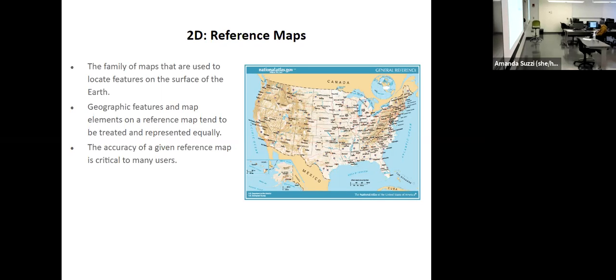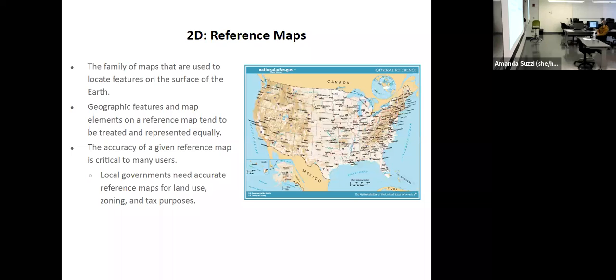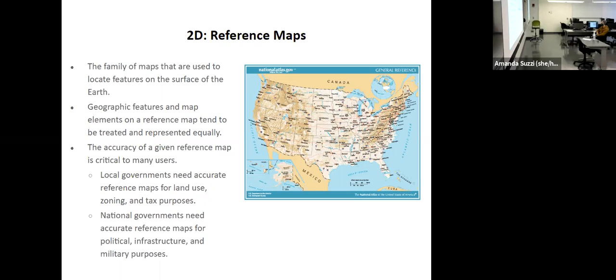You would use an equal area projection because you want to see things represented equally. Right, and they're used for land use and zoning and tax purposes. They're just used for reference. Oh my goodness, there's more on the slide. Political maps, military maps, infrastructure maps, they're all reference types of maps.